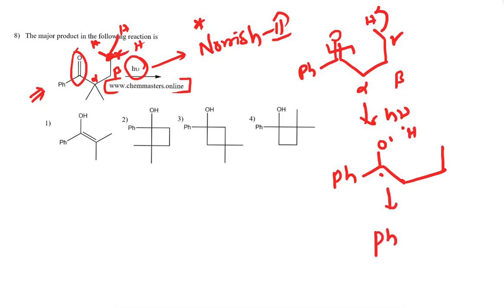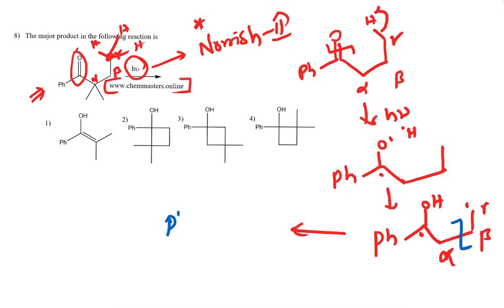So there is formation of OH and a new radical, that is, the gamma carbon radical. In the next step, the sigma bond between alpha and beta carbon cleaves to produce the major products of Norrish type 2, an enol and an alkene. This is the general mechanism of Norrish type 2 reaction.